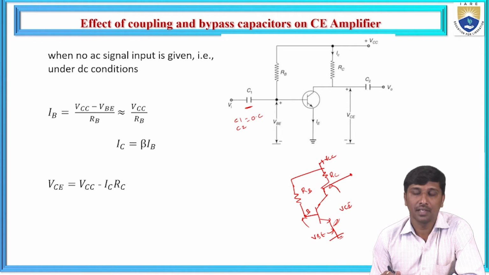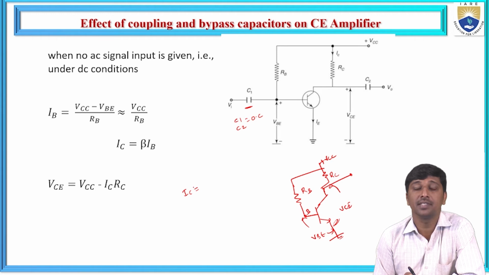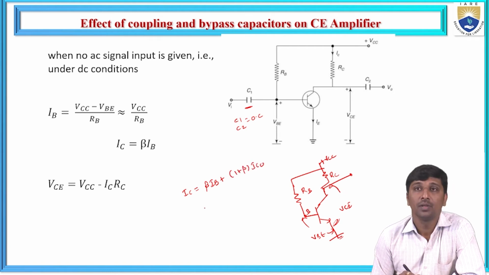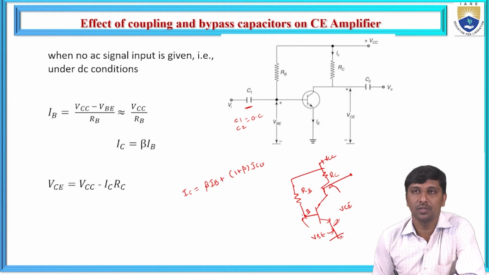From this, we need to maintain the bias. Why? Because we know that for the CE amplifier, the collector current expression is beta times IB plus 1 plus beta times ICO. In this case, we need to maintain how much base current is produced with respect to these biasing conditions. Hence, from this equivalent circuit, we need to find the base current.